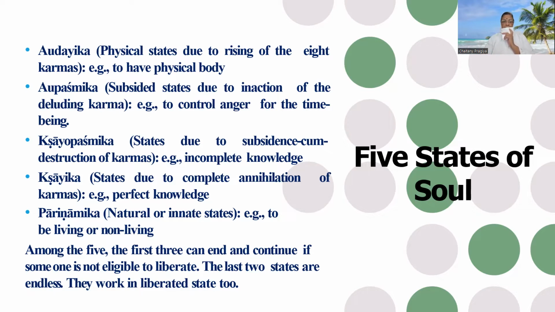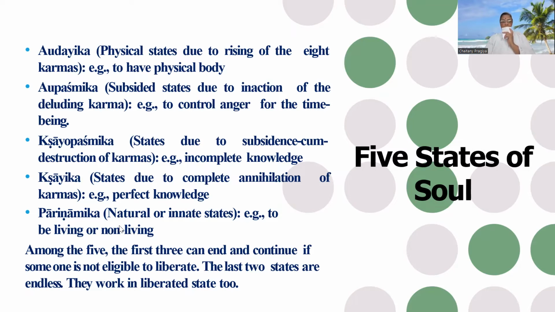So that state is also gone when we liberate. These 3 states can end in the case of some living beings who are liberating or who have destroyed particular karmas, and that's why they are free from the effect of those karmas.